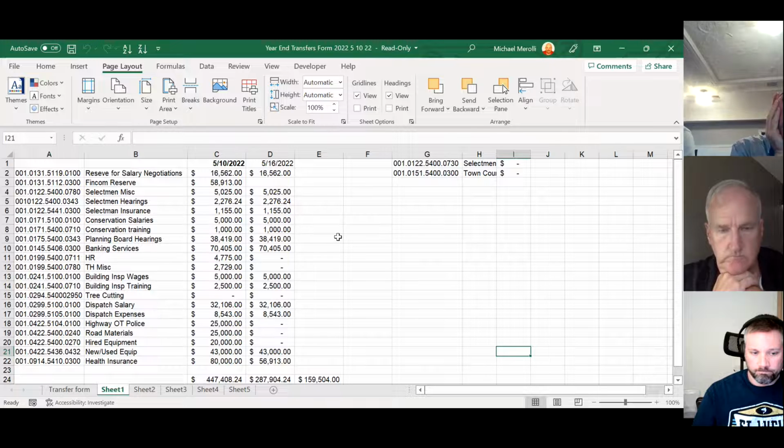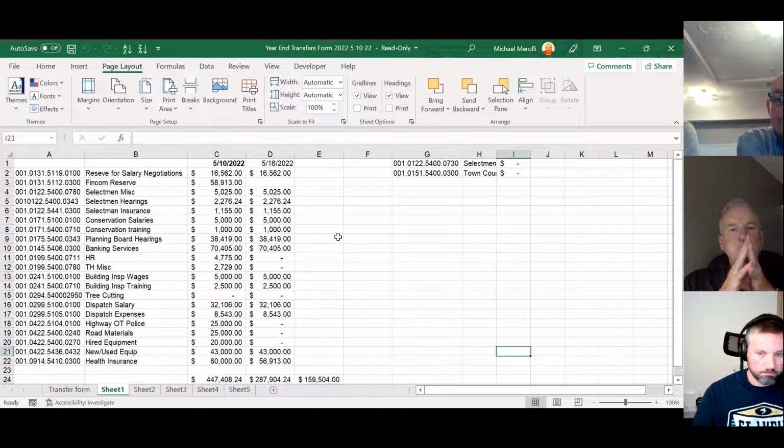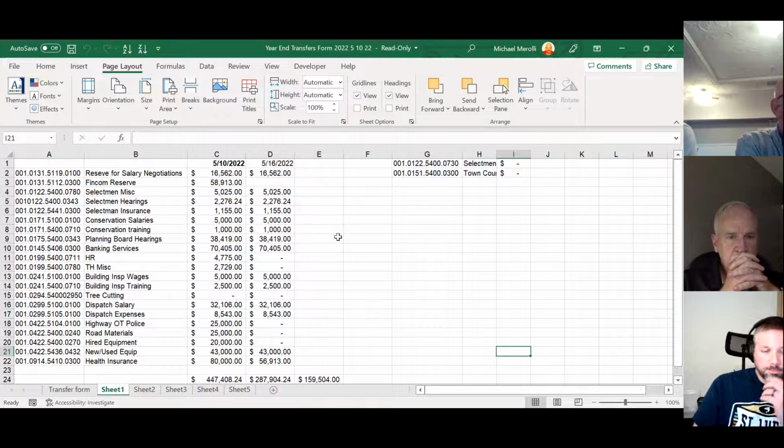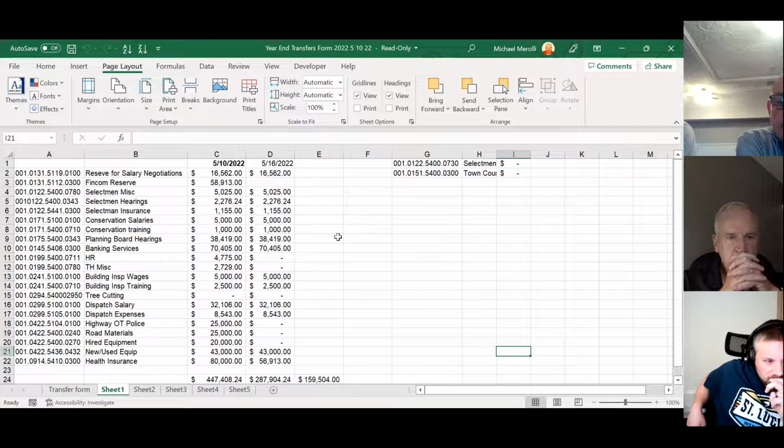So basically what Mike was describing to me on an overview level, just so we're all on the same page, so we understand how to look at this document, and we can go over the detailed questions afterwards. All these here from 2 to 22 are the accounts where the money is. The value on 510 is the value in the account, and the 516 is the transferred value out of the account.